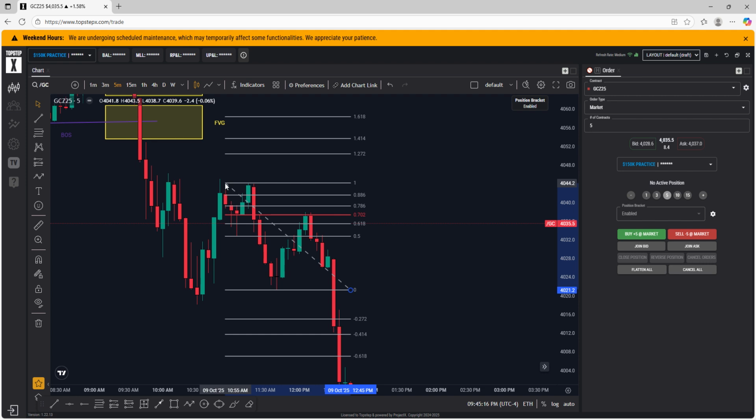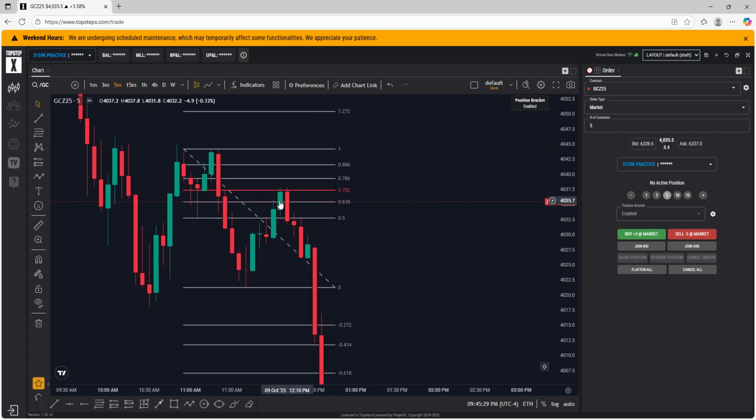Now, my OB candle is in the zone. I have some more gaps created. I have a gap right here.